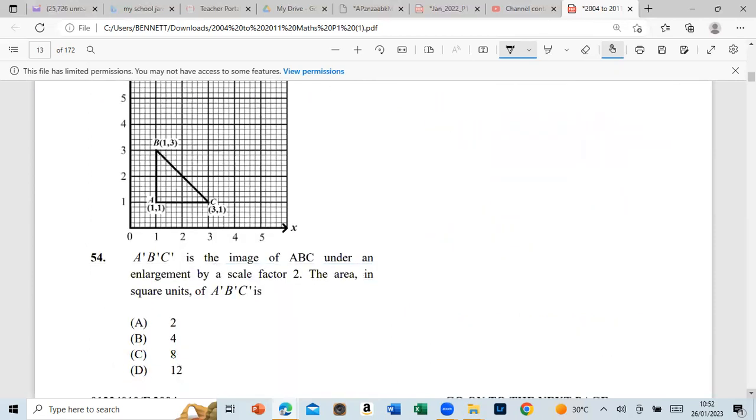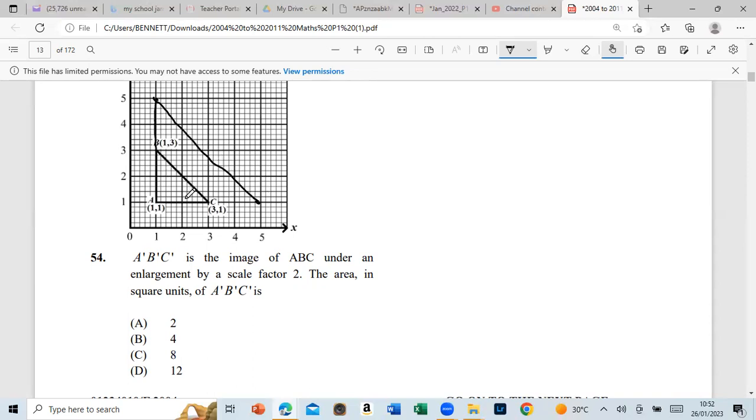AB is the image under the enlargement of scale factor 2. Find the area in square units of ABC. Alright, so basically they are saying that you have to double everything. So this is our new triangle.